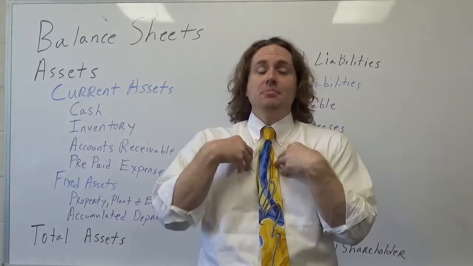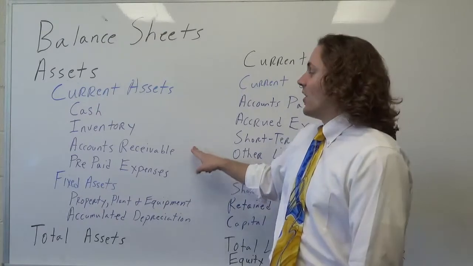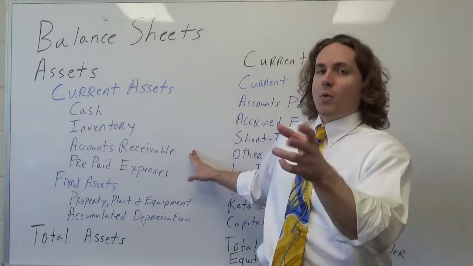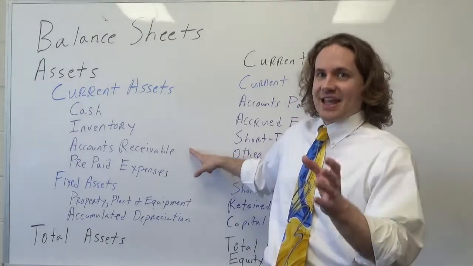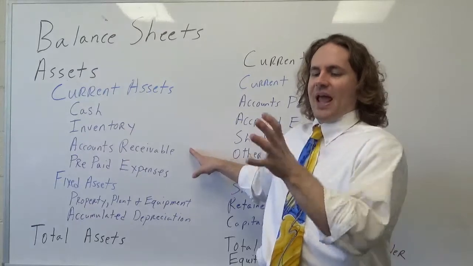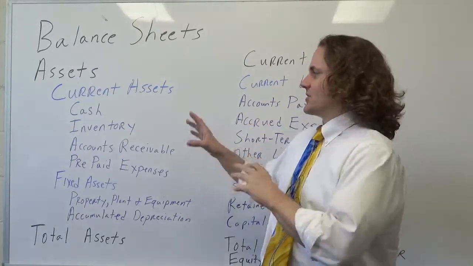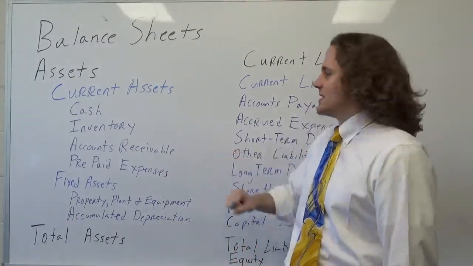While he's waiting for me to pay the invoice, this is what we call an account receivable. It also has a value in cash, even if it hasn't been paid yet. Remember, we're dealing with accrual accounting. We count it as an asset even though it has not been paid yet. When we get to the cash flow statement, you'll see under cash accounting this is a little bit different. But this is where you keep track of those accounts receivable.